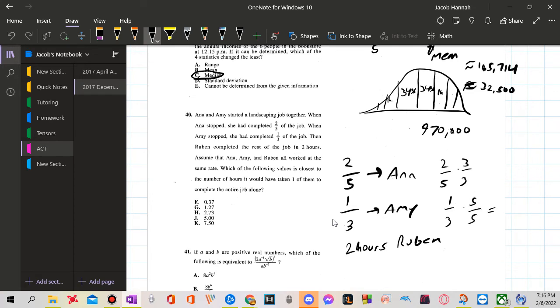So that's going to be 6/15, and this is going to be 5/15. So let's add these two fractions. So 6/15 plus 5/15 equals 11/15. So Ruben completed the rest of this in 2 hours. So Ruben did 4/15 in 2 hours.